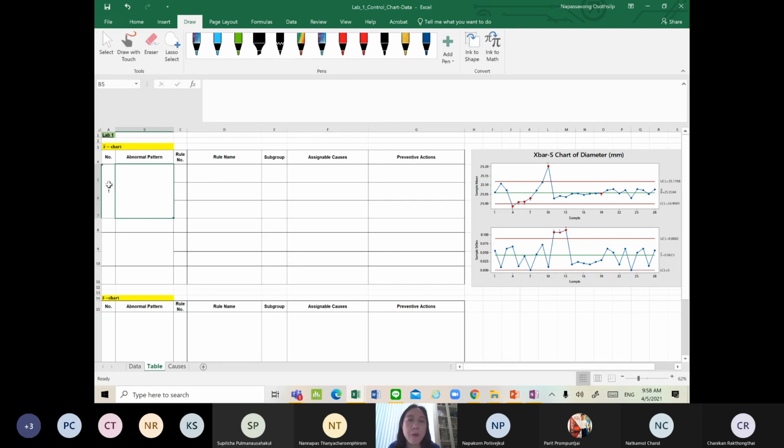For example, for pattern number 1, the abnormal pattern is that I detect a pattern of mean shift down. Here, mean shift down. If you take a look at the X bar chart first, you will see that the mean shifts down.